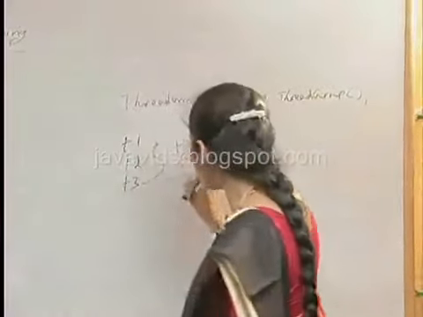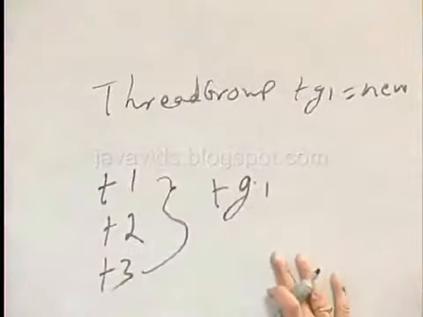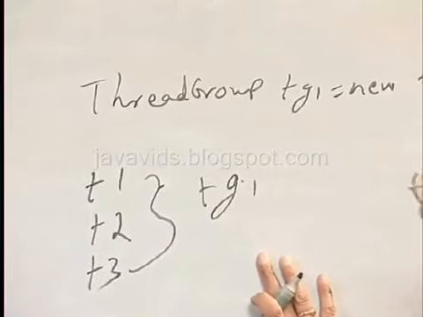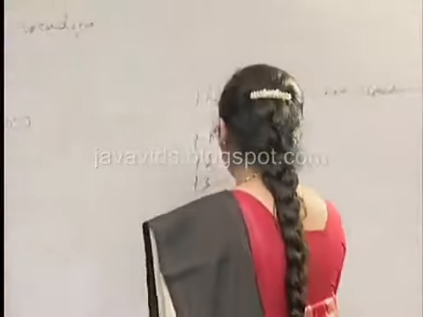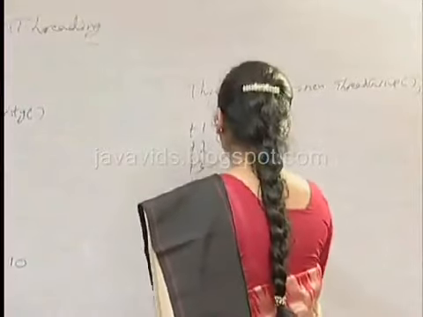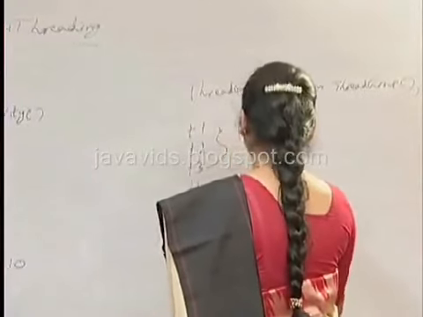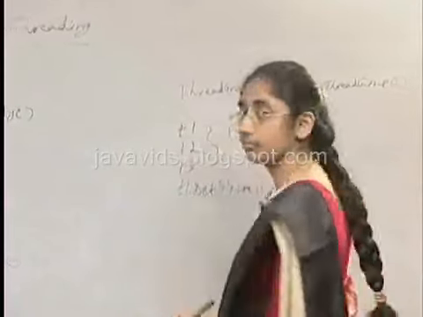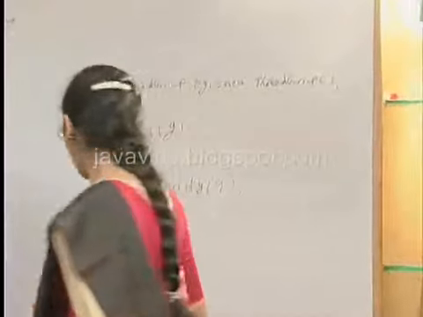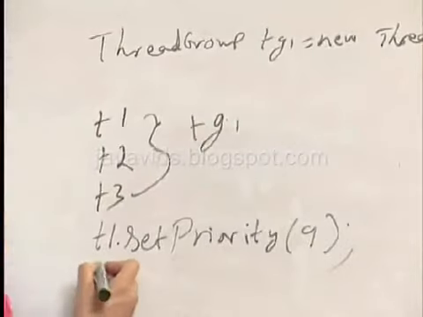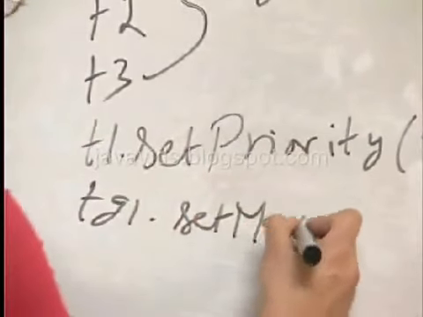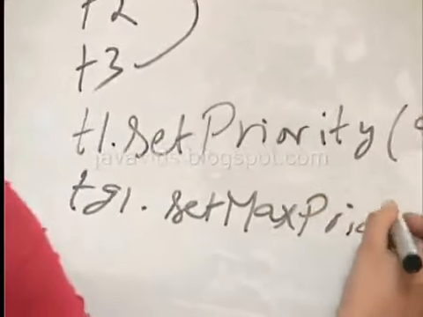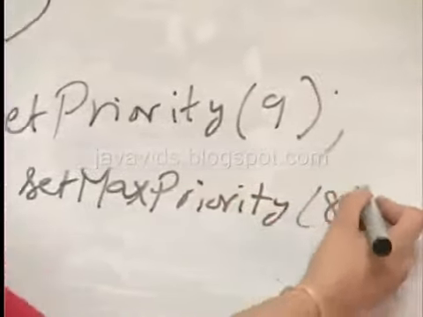And while creating these 3 threads, I have passed TG1 as a parameter. Now let's say I set the priority for T1, setPriority of 9. Then I say TG1.setMaxPriority of 8.